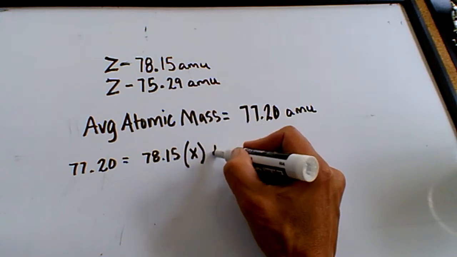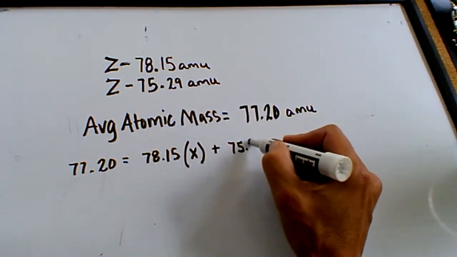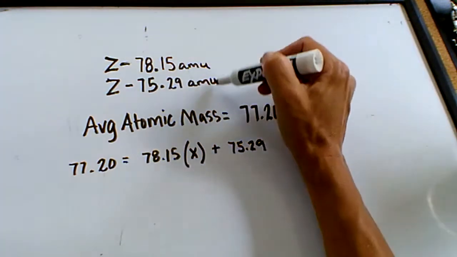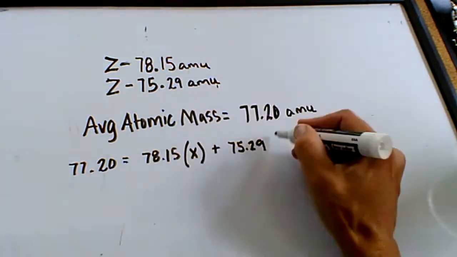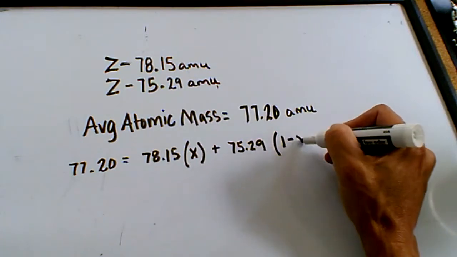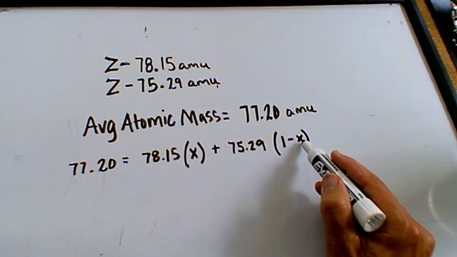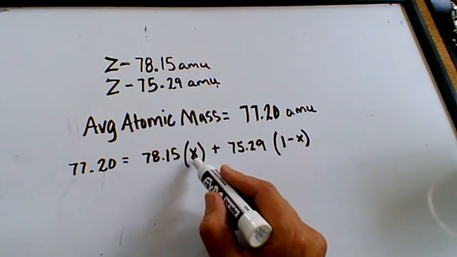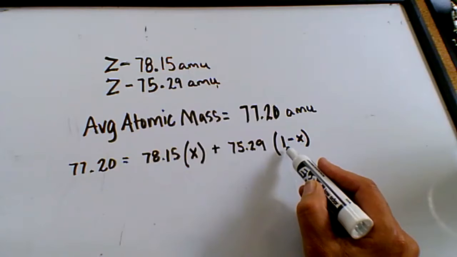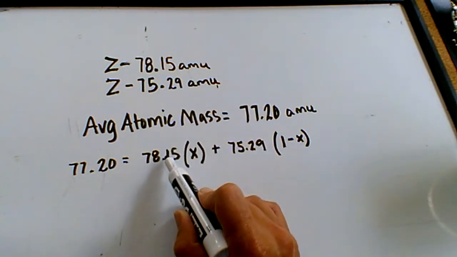And if I add that to this isotope's mass, and like I said, you can only have 2 isotopes to solve this problem, I know that its abundance will be 1 minus X, because X in its decimal form and this X in its decimal form must add up to 1. When I solve for X, it will be the abundance in decimal form of this isotope.